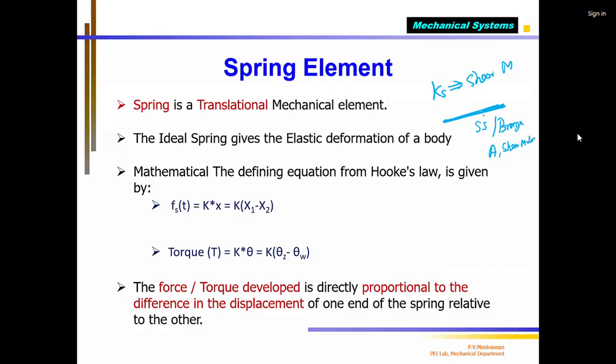For example, I take a spring whose cross-sectional area is 1 mm square. Instead, if I take 2 mm square, definitely you know that a thicker wire will have more stiffness. The stiffness of the spring depends upon the diameter of the wire which you make into a coil. Apart from that, the shear modulus. Suppose instead of bronze you take spring steel.